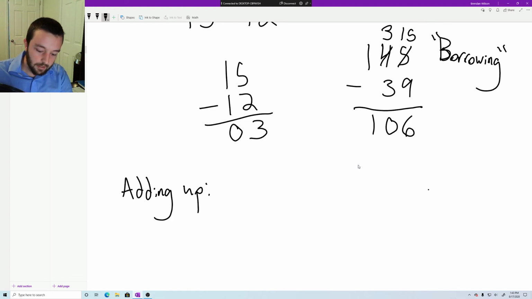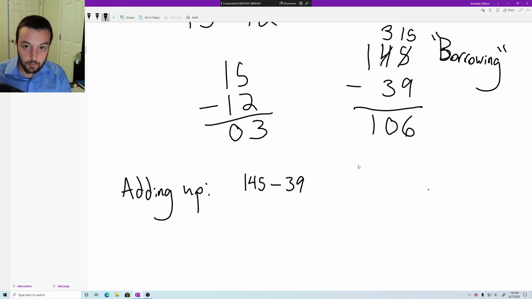So the idea here is with 145 minus 39, we start with the lower number, the 39, and we add numbers to it until we get to 145. The idea is to make the numbers as easy as possible.